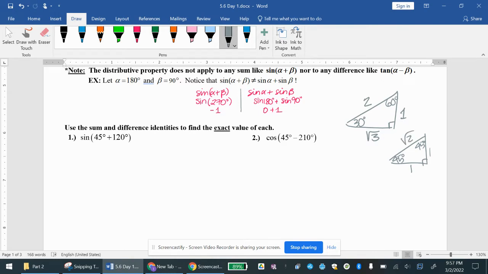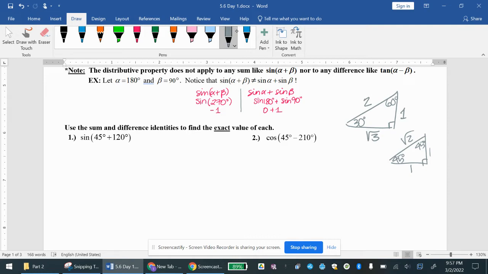All right, so sine of 45 degrees plus 120 degrees. That's really the sine of 165. But we don't know what the sine of 165 is because 165 doesn't have a reference angle of 30, 60, or 45. So if we split it up, you can figure it out and find the answer.